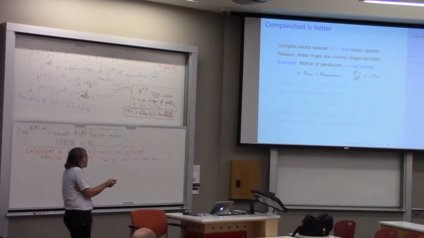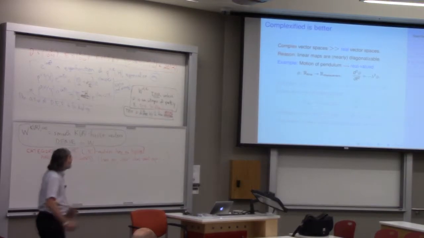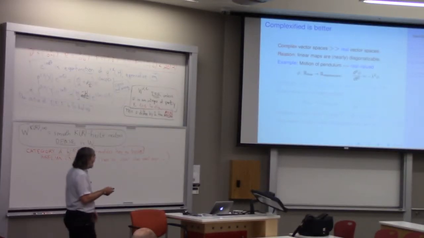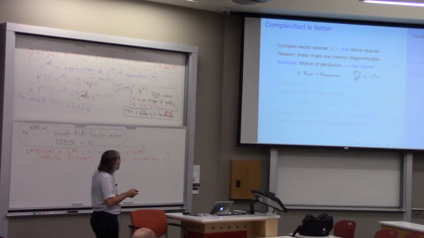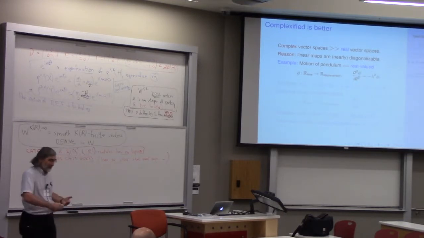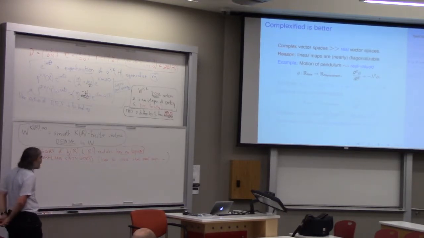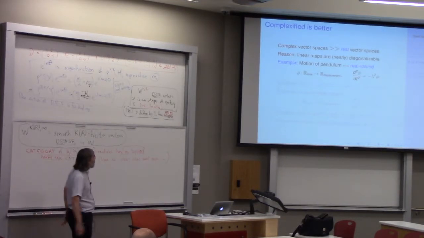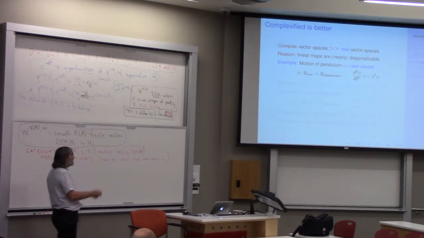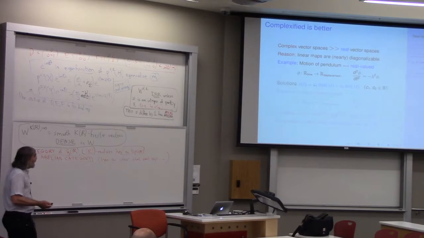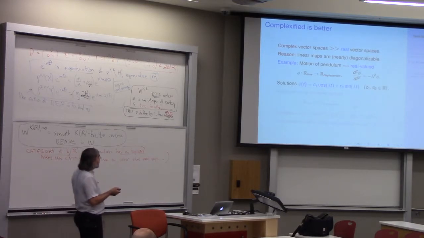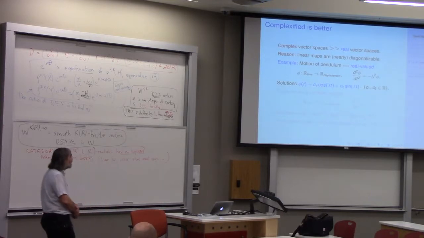The value of the function gives the angular displacement of the pendulum. And the differential equation that governs things in this mathematical world where everything is simpler is that differential equation. And the solutions of that differential equation are given by sines and cosines.